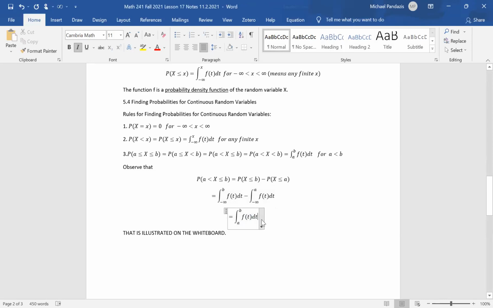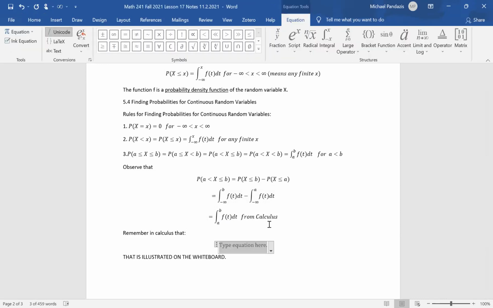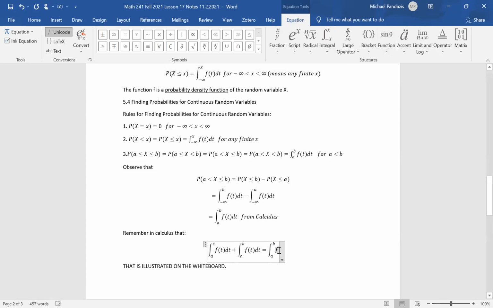This is from calculus. Remember, in calculus, if you have the integral from a to c of f of t dt, and you add the integral from c to b of f of t dt, that's equal to the integral from a to b of f of t dt.